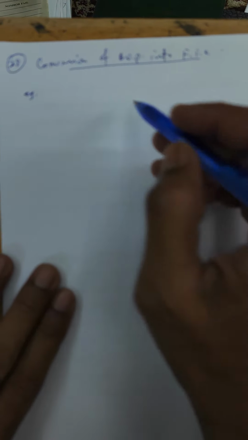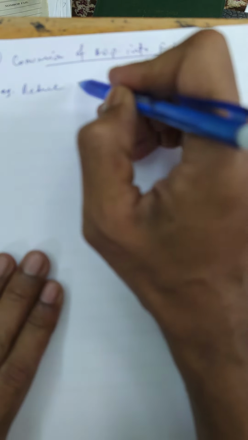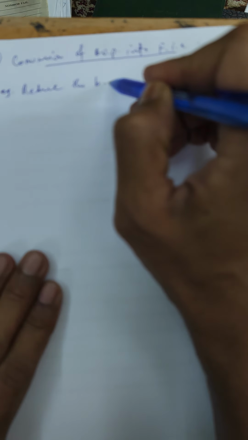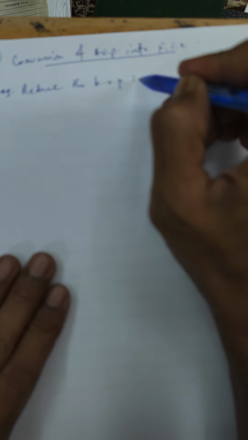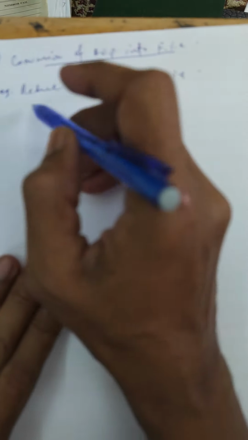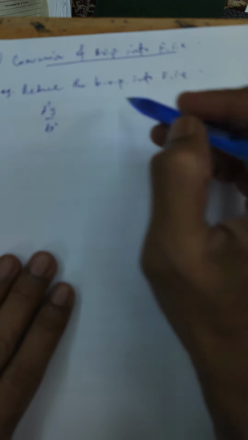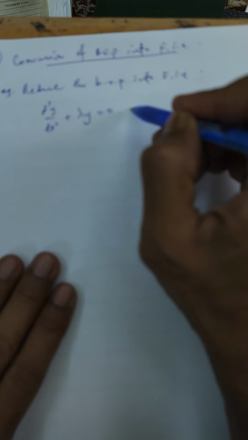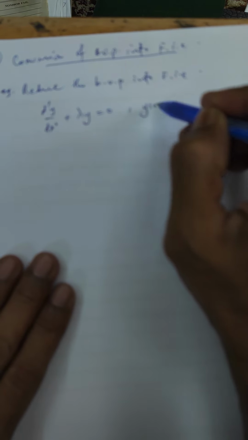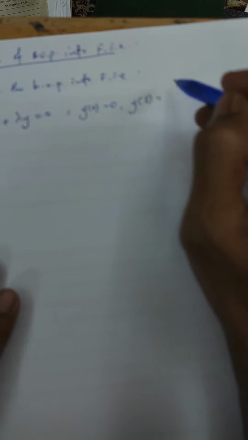Reduce the following boundary value problem into an integral equation, basically a Fredholm integral equation. We have d²y/dx² plus lambda y equal to 0 with the conditions y(0) equal to 0 and y(L) equal to 0.